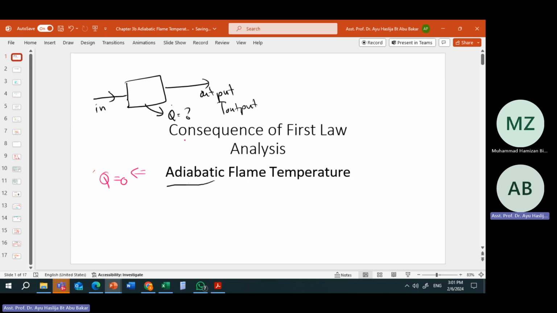So to find out macam mana condition so that Q equals to 0, usually you will need to determine the adiabatic flame temperature, the T out. So sini we call T adiabatic, where the Q is 0. Q kita dah known. Need to find the adiabatic temperature.